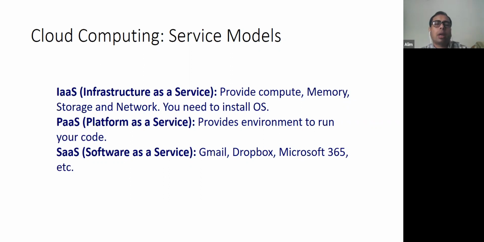But with PaaS, you don't have the option to choose the operating system or different security features. With SaaS, you don't have to install an operating system. You just use their operating system, their application. These are the differences.